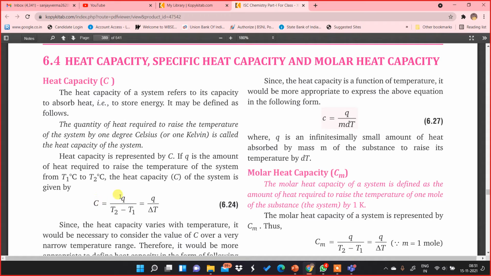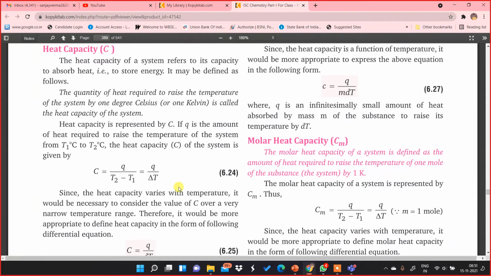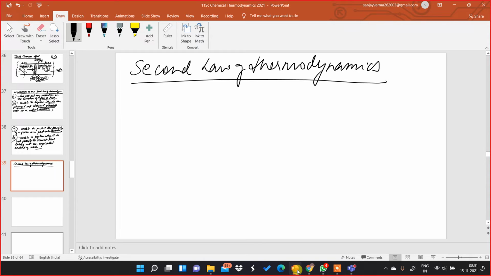So C is equal to q by T2 minus T1, or you can write equation 6.24, heat capacity is equal to q by delta T. So this formula you remember: C is equal to q by delta T.